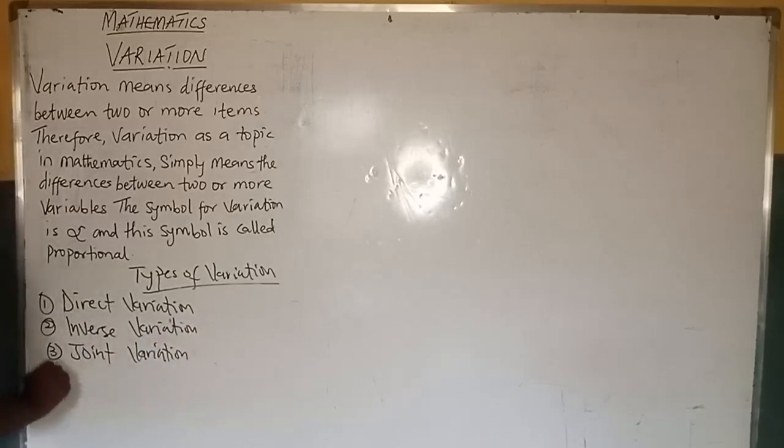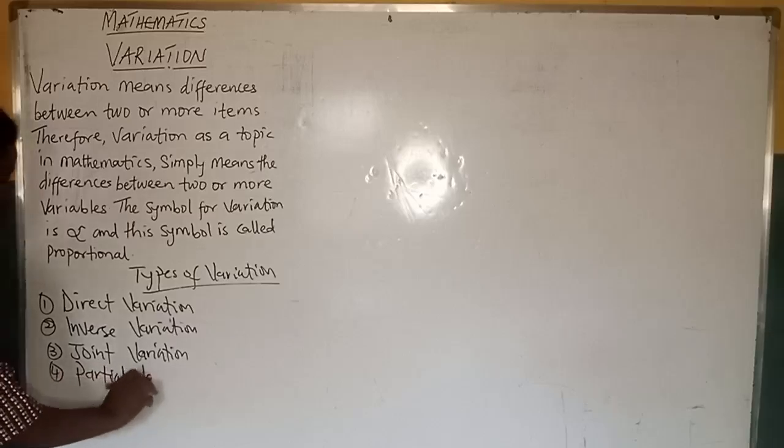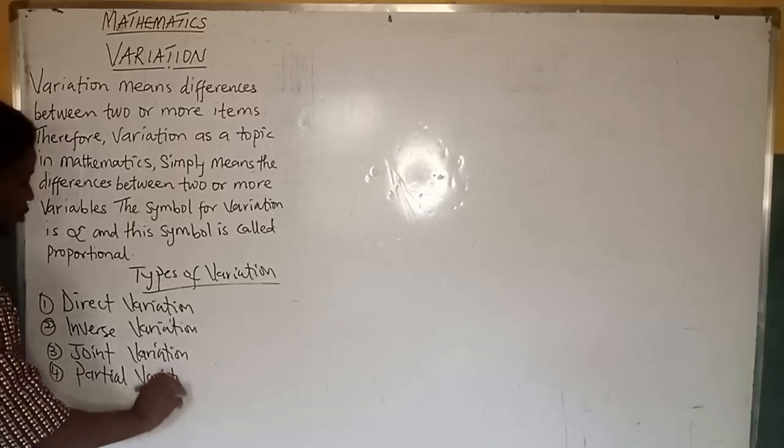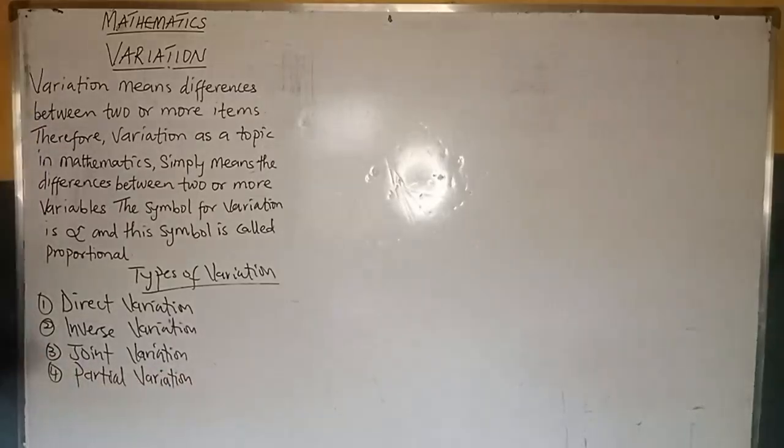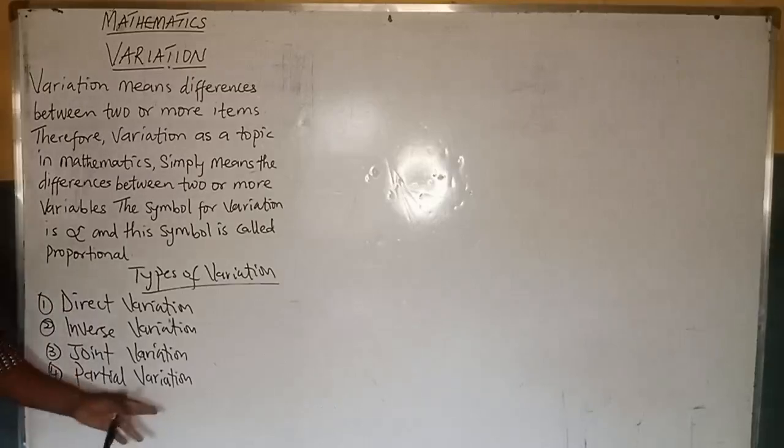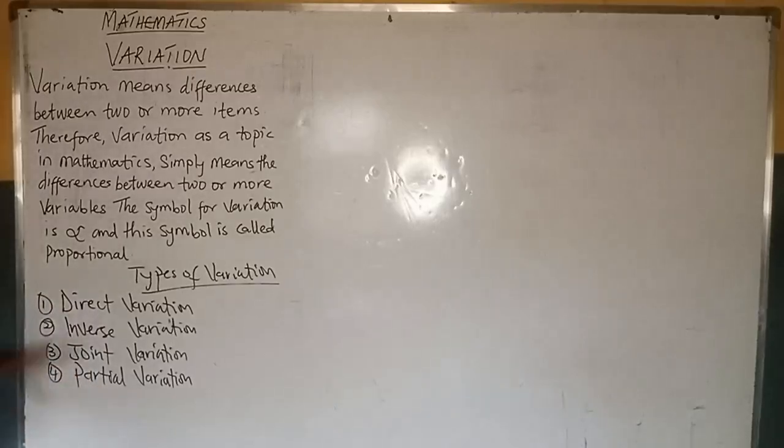And then four, we have partial variation. So these are the four types of variation we have: the direct variation, the inverse variation, the joint variation, and the partial variation. We shall take these types of variation one after the other as we discuss and solve miscellaneous exercises on them. Please follow me closely.